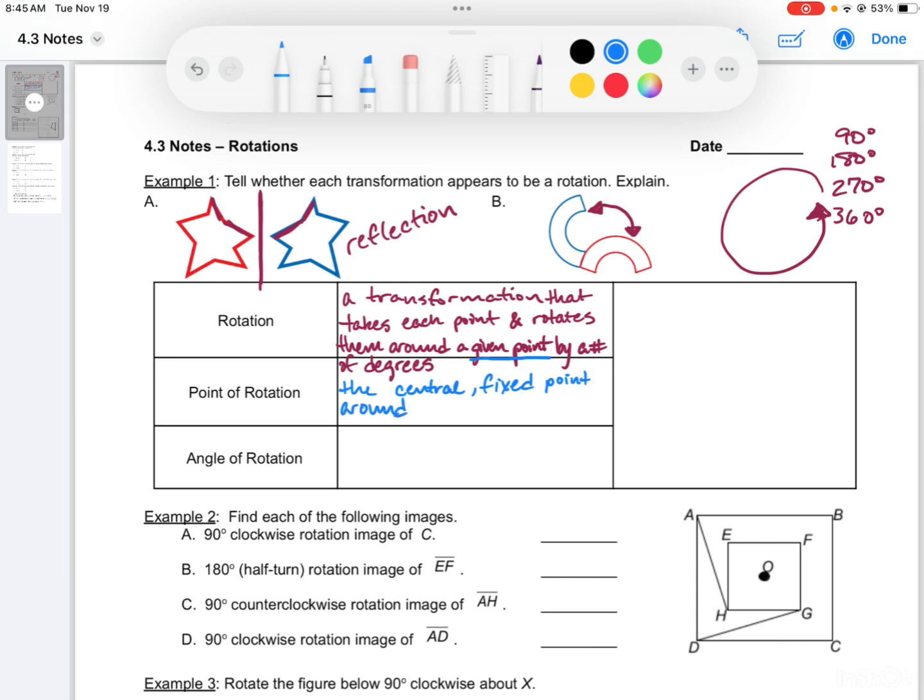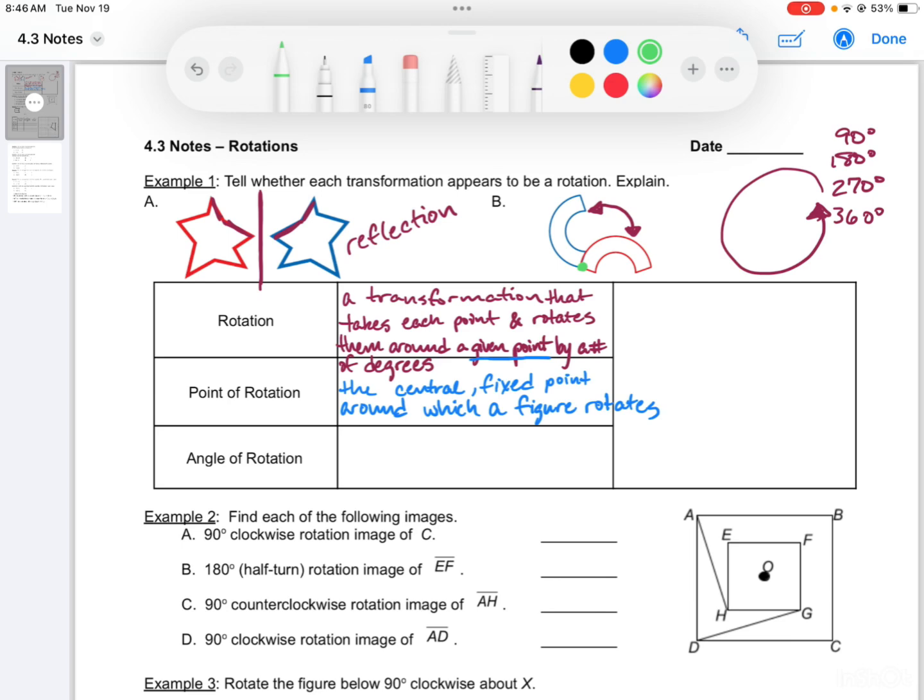This is the central fixed point around which a figure rotates. If we go back up to our example 1B, you can see that this point on that image is like the pivot point. It's the point where all this moving and rotating happens.